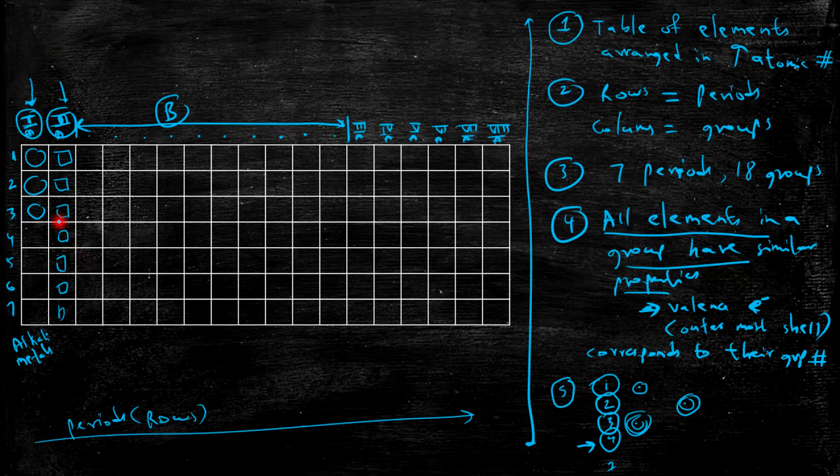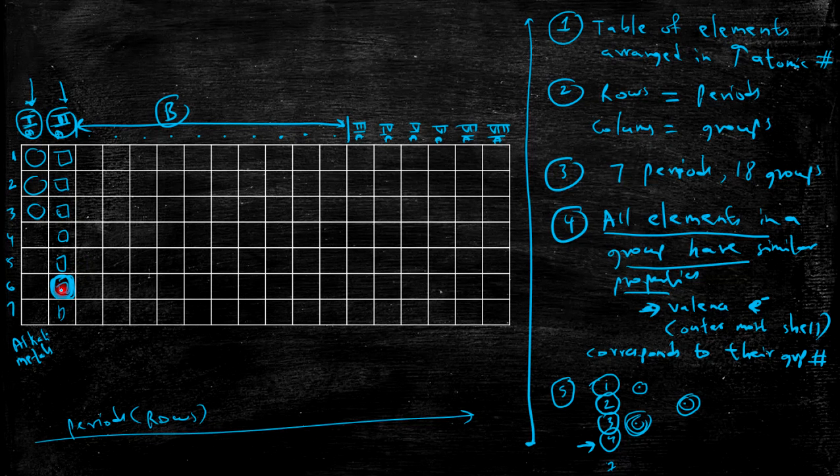So for example, this element here is in period 3. So it will have 2 electrons in the outermost shell because it belongs to group 2A. However, those 2 electrons will be in the third energy level or third shell. Same way, say I take this element here. Because it belongs to the 2A group, it will have only 2 electrons in its outermost energy level or outermost shell.